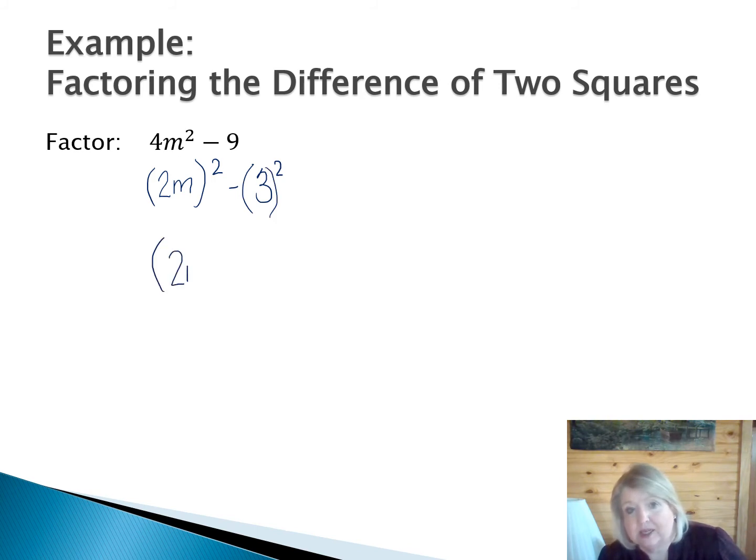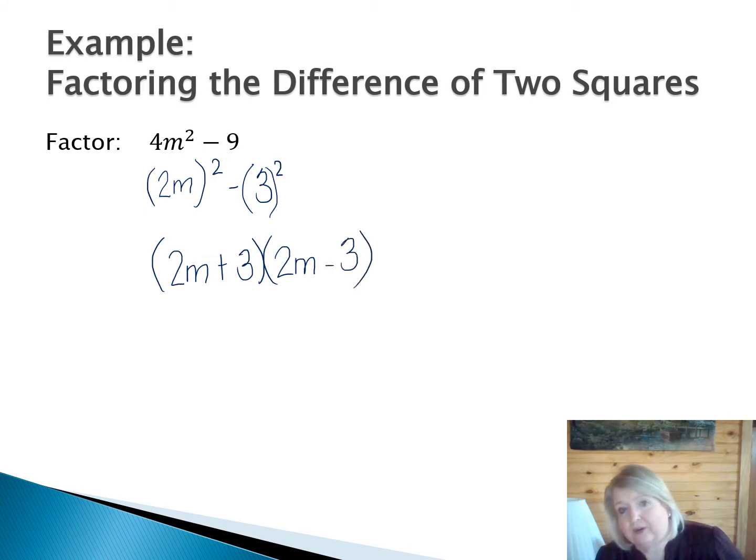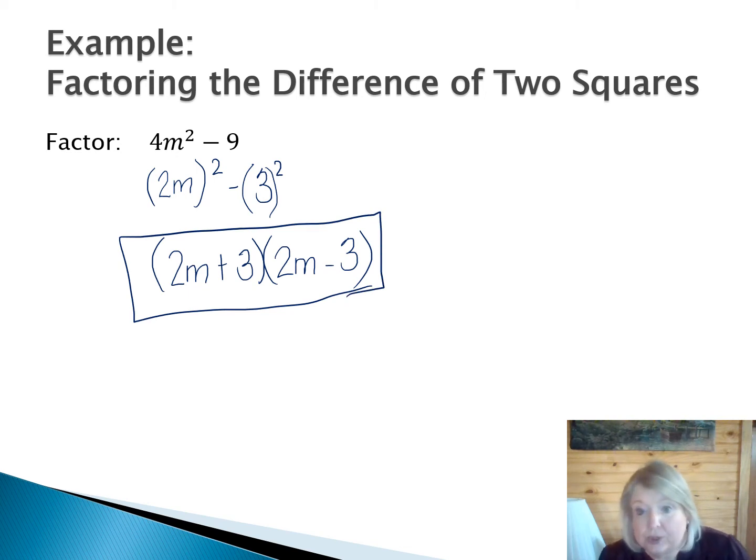Now notice these are the numbers that got squared, not the squares themselves. But it's the front plus the back, and the front minus the back. I do not have to do tic-tac-toe with the 0m linear term. I do not have to factor by trial and error or any other method. If it's the difference of squares, my answer will be conjugate pairs.